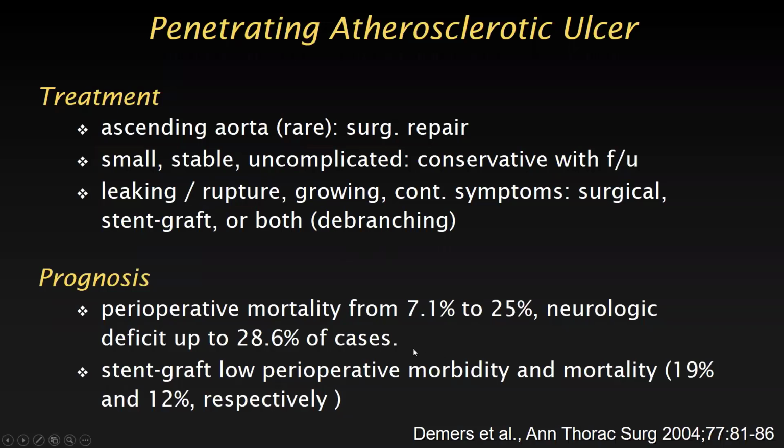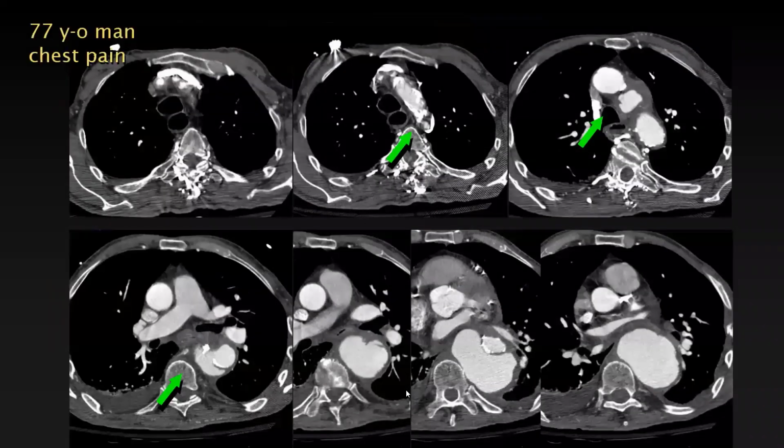And again, the prognosis is not that great if they need to go to surgery because they have up to 25% perioperative mortality, which is similar to a patient with type A dissection who presents in shock. So that's also a higher perioperative mortality. Obviously, endografting has a better prognosis, but again, these are usually very sick patients.